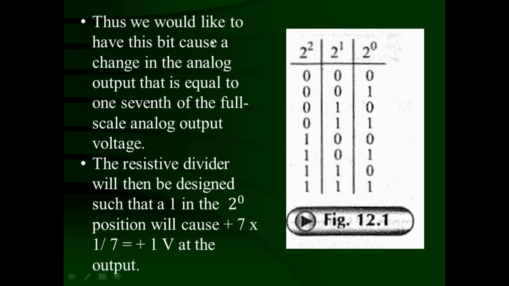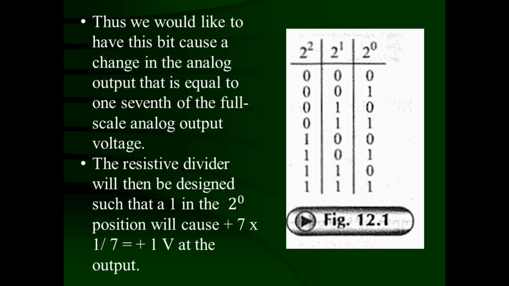Thus, we would like to have this bit cause a change in the analog output voltage that is equal to 1/7 of the full scale analog output voltage, because between 000 and 111 there are 7 steps.